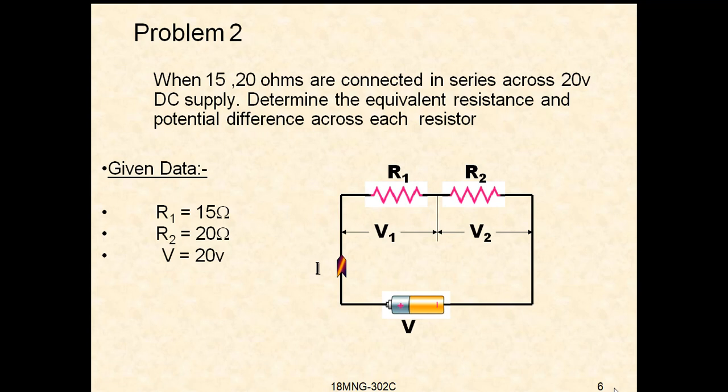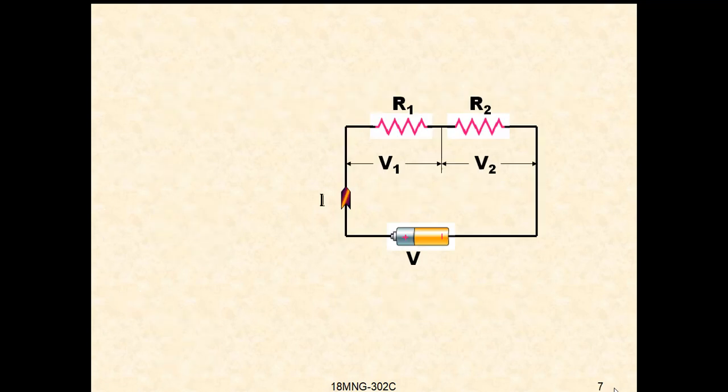The voltage across the resistances is 20 volts DC supply. We have to find the voltage across R1, voltage across R2, and also we have to find the R equivalent.